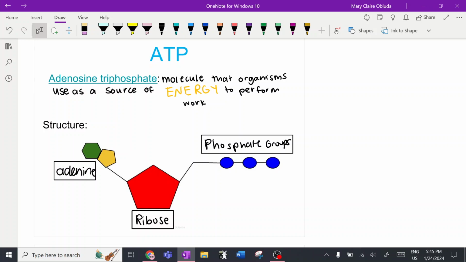So the structure is a 5-carbon ribose sugar and 3 phosphate groups. 1, 2, 3. This terminal phosphate group is probably the most important one in the body, right? Because this is where we get all our energy, in this little bond right there.